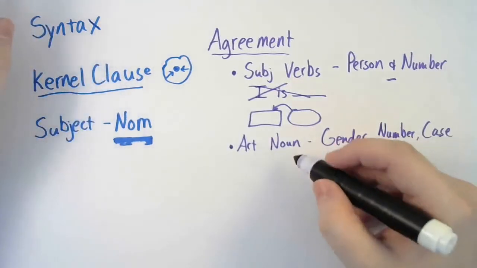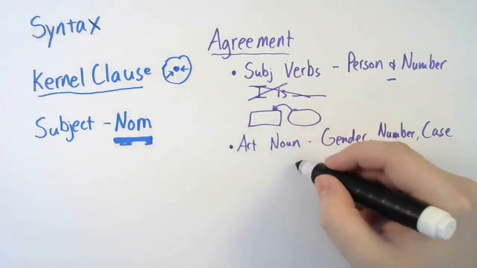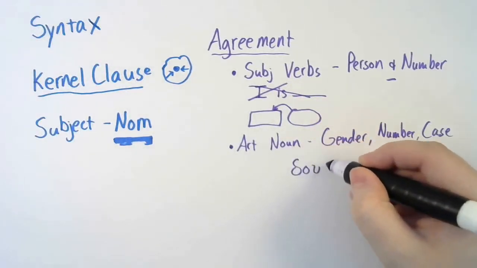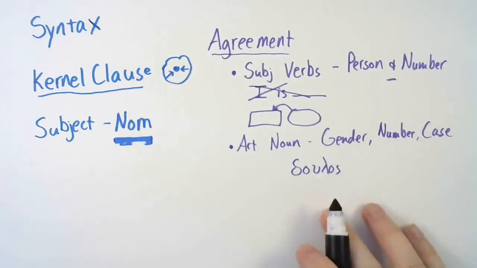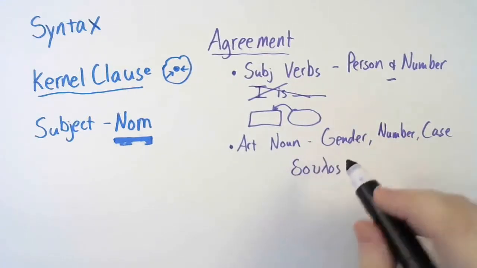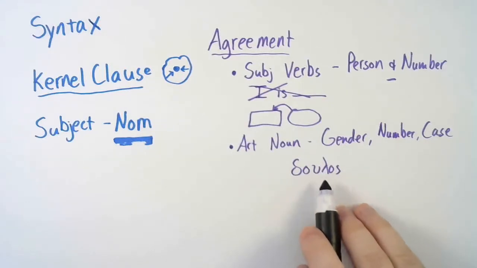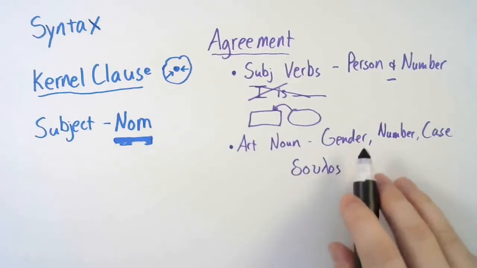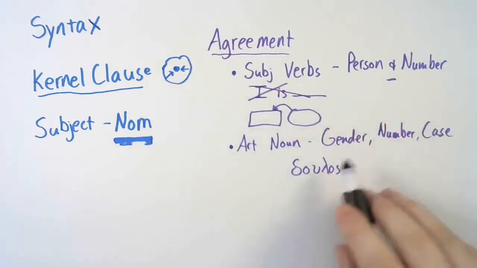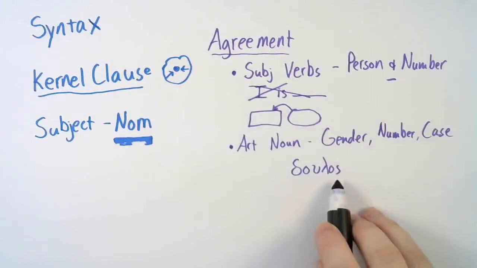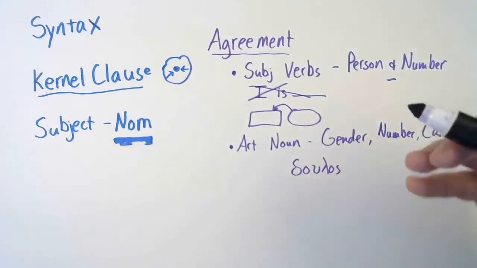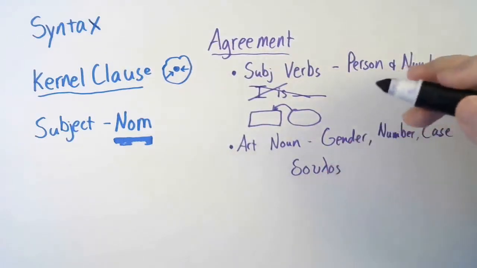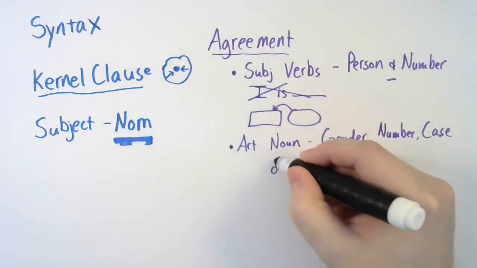For example, if I had the word doulos, and I wanted to make it articular, that is, put an article on it, I'd have to use an article that has the same gender, number, and case as doulos. Doulos is a masculine singular nominative, so I'd need a masculine singular nominative article, which is ho.